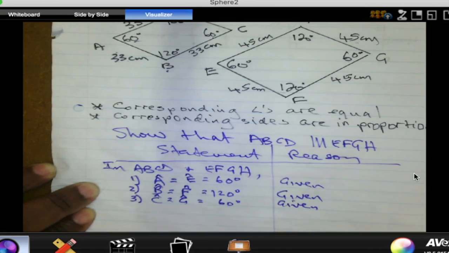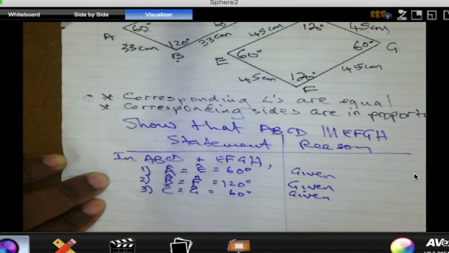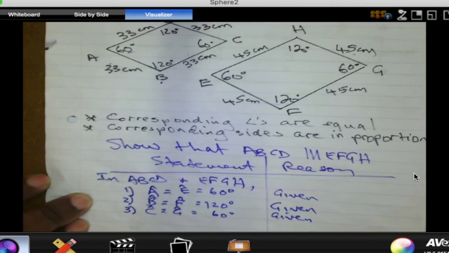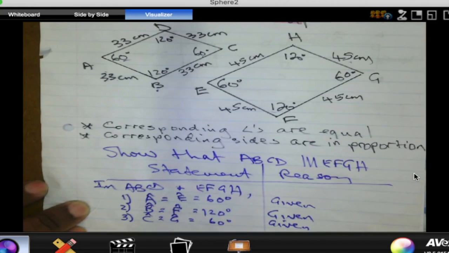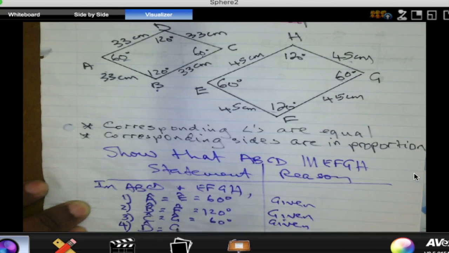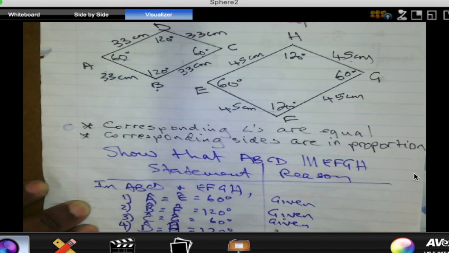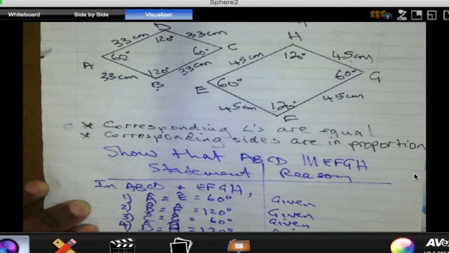That is given. It will not always be given. In some questions, you will actually be calculating them and showing that they are equal. But in this case, fortunately, everything is just given like that. The fourth statement is that angle D is equal to angle H, which is 120 degrees, and that is given.